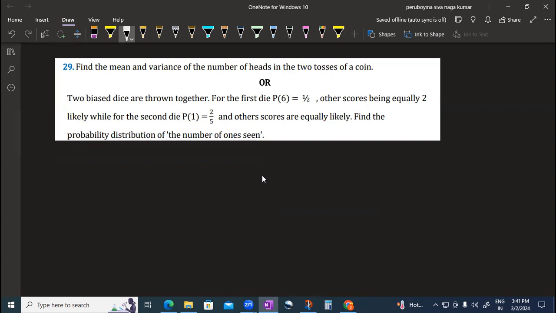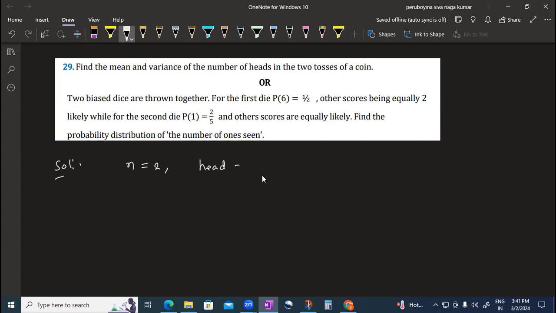Find the mean and variance of the number of hits in the two tosses of a coin. So n is equal to 2, because one coin was taken and it was tossed twice. And it is asking about head and tail. Coin means those are the outcomes, no?